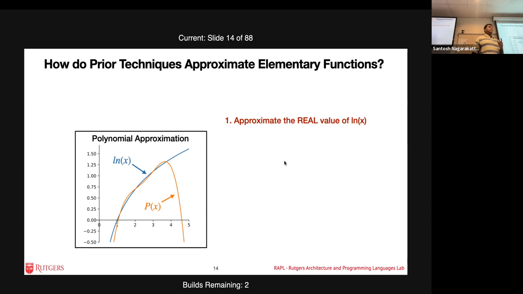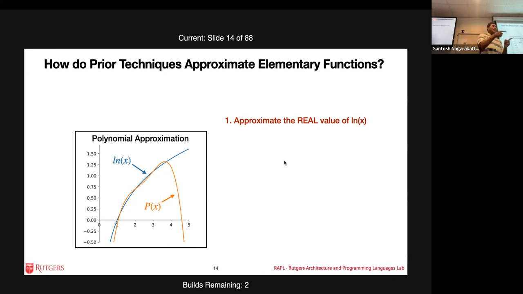Okay, so do you want to approximate ln of x by a single polynomial or by a collection? You could use splines, piecewise polynomials, whatever. Again, it's up to you. You could divide it into multiple ranges, but still it's hard. 2 power 128 is a very large value, right?